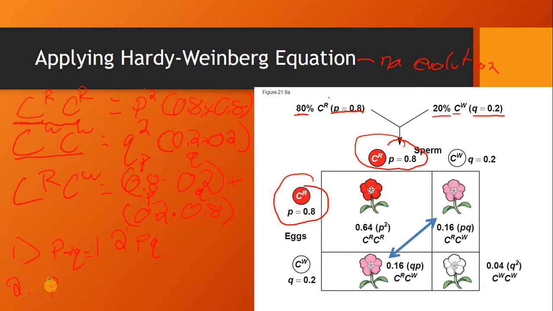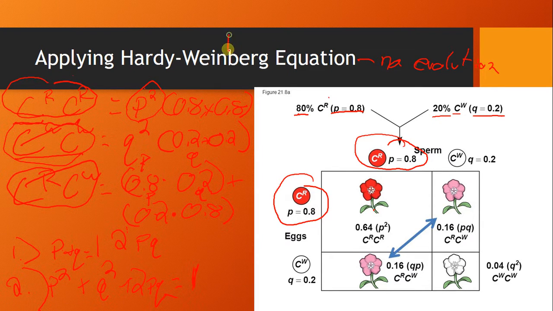Second is P squared, the prevalence of the CR genotype, plus Q squared, the prevalence of the CW genotype, plus 2PQ, the prevalence of the CR-CW genotype, equals 1. If a population is in Hardy-Weinberg equilibrium, these 2 things will always occur.